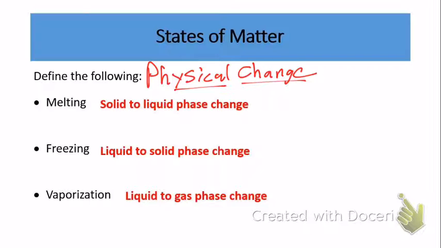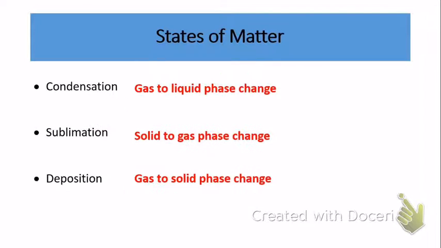All right, melting, you already know, is a solid to a liquid phase change. Freezing is liquid to a solid phase change, and vaporization is, of course, a liquid to a gas phase change. Condensation is when we go from a gas to a liquid, and sublimation is solid to a gas.